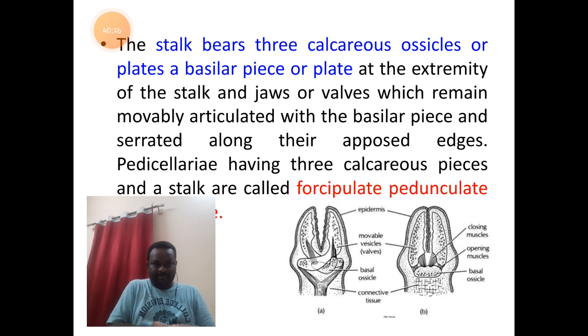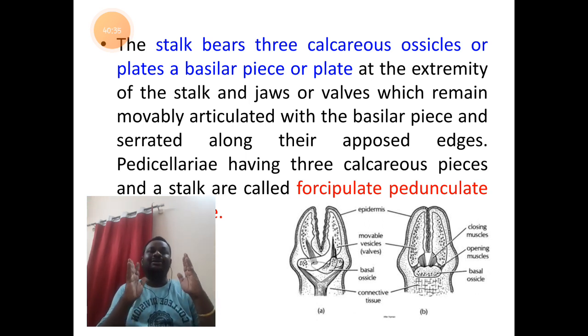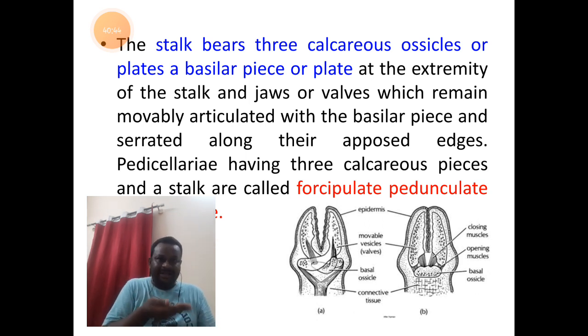One plate is at the base, 2 plates are projected upward. So a basal plate will have attachment of 2 laterally arranged calcareous plates. So these plates, which are seen down as a single plate, called the basal piece or basal plate structure, onto which attaches a stalk, and above, 2 valves or jaws.